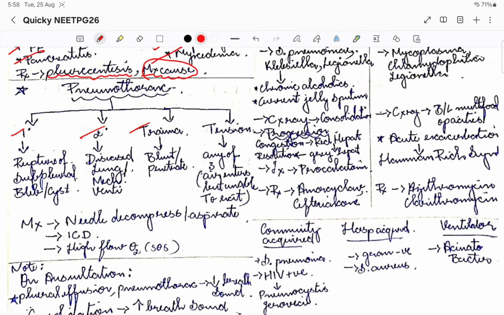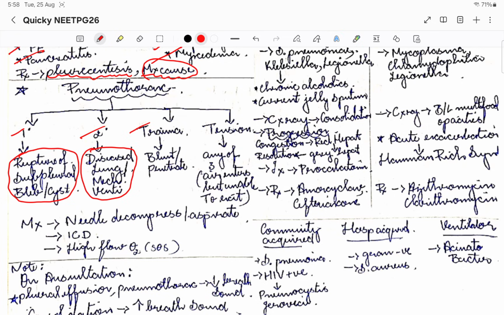Okay, primary is because of rupture of a subpleural bleb or cyst. There is a bleb or cyst in the pleura, and that would have ruptured and caused the pneumothorax. Whereas secondary pneumothorax is when there is a lung disease and the alveoli have ruptured, and the air that is breathed in gets trapped in between the pleura. This is what causes the pneumothorax.